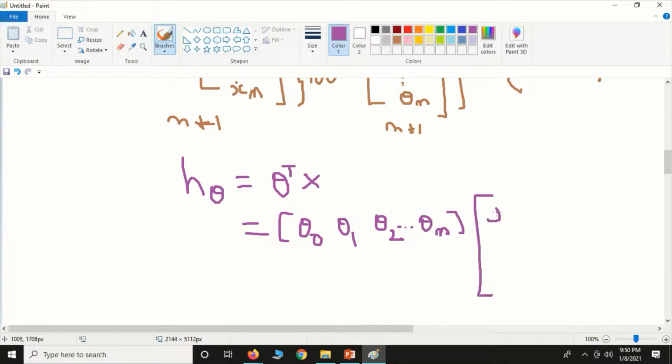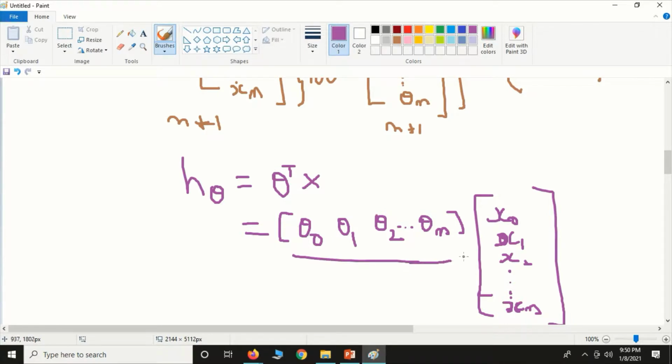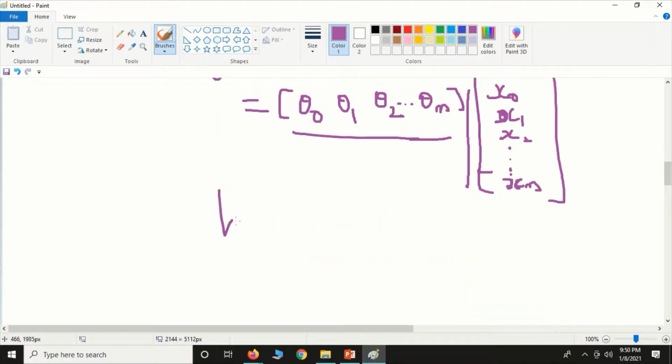The x value is x0, x1, x2 till xn. Since both are n plus 1 vectors and one is in transposed form, theta transpose and x can be multiplied, and we get the hypothesis value. h theta is theta transpose x. This is the product.